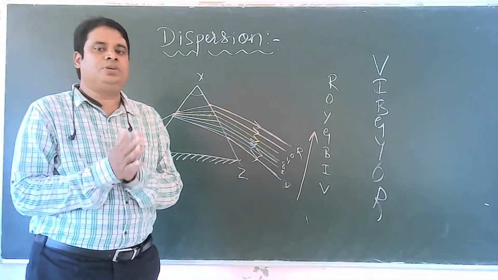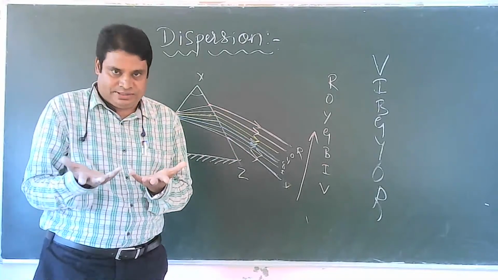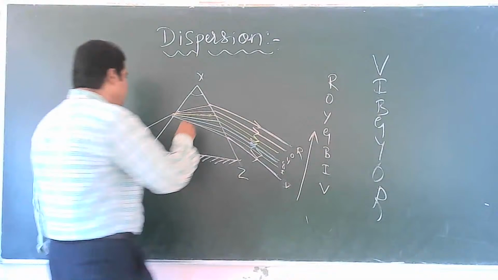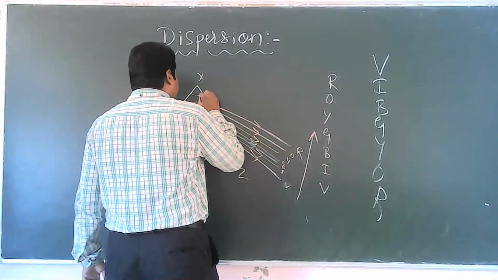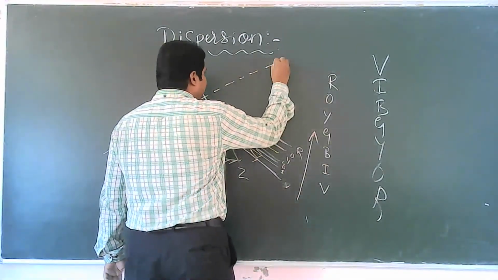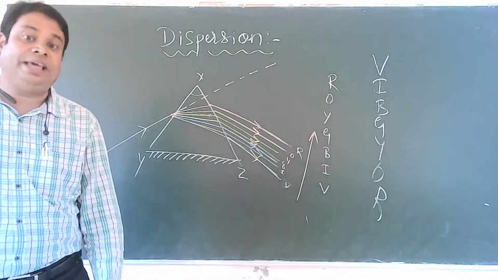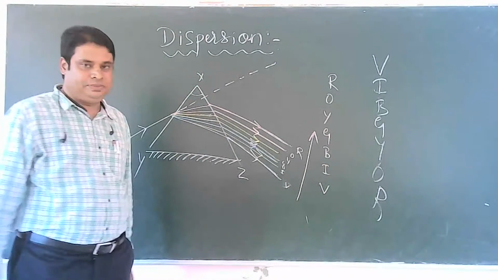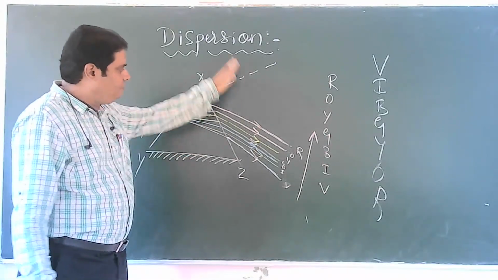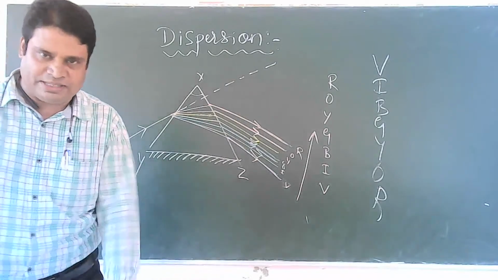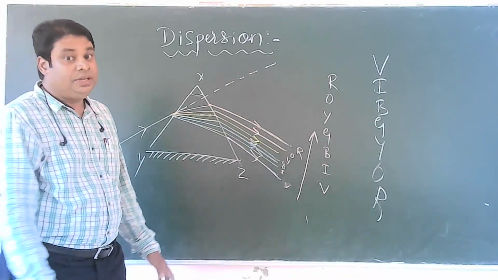By the discussion, we observe some interesting things. First thing is, see, this is the actual path traced by the light in the absence of dispersion. Due to the presence of dispersion, we get these fascinating colors called VIBGYOR.